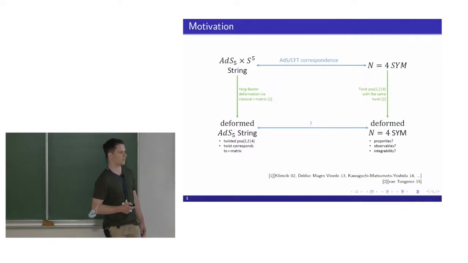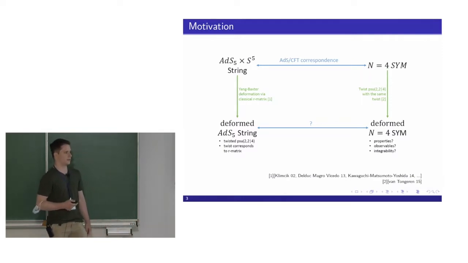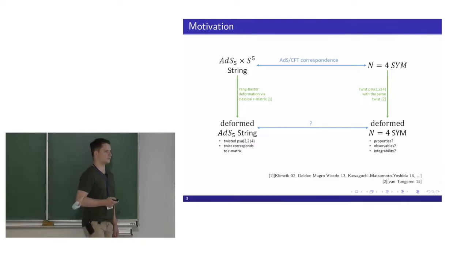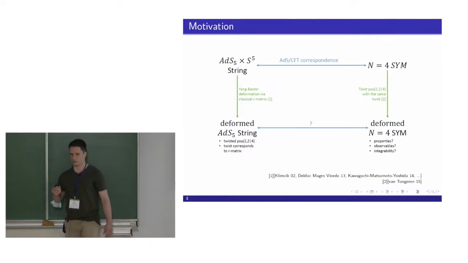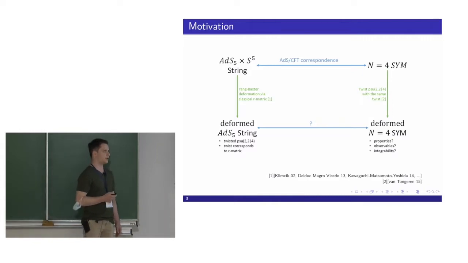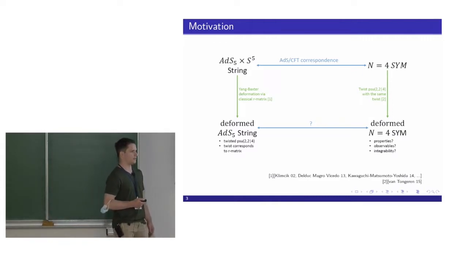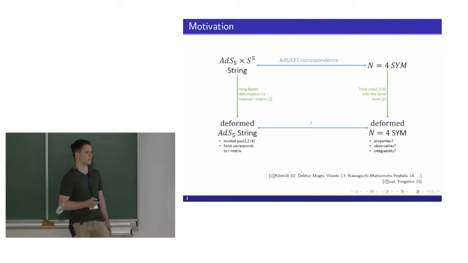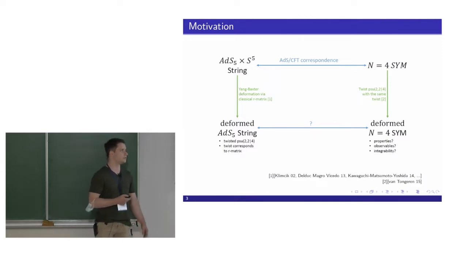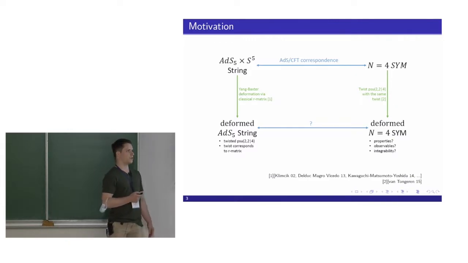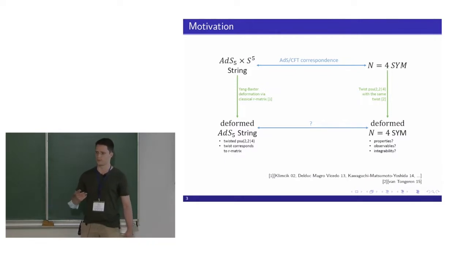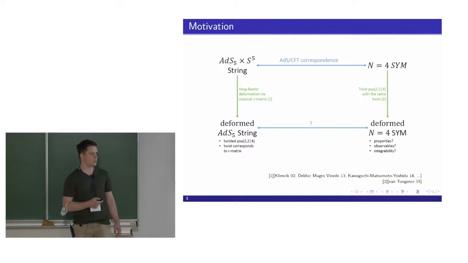Then we can ask about the properties of the arising deformed version of this N=4 super-Yang-Mills, how the observables look, and whether we have integrability for these theories as well. At the end, we could hopefully find this deformed N=4 super-Yang-Mills to be the CFT dual of this string theory. The topic of my talk will be basically this green arrow here, so how to get from the N=4 super-Yang-Mills to its twisted version via this twist.